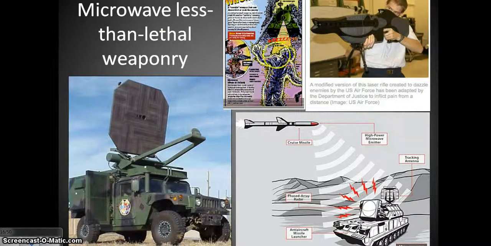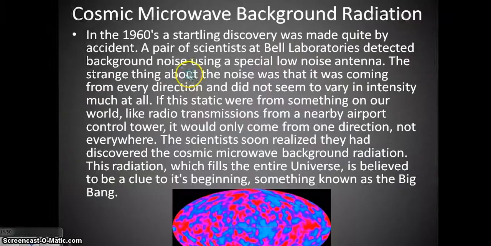If you look at the little picture of the guy right here, he's reacting, I'm not sure what he's doing. But anyway, the water in his skin is probably heating up because he's being struck with microwaves right now. Very painful, but less than lethal. It's not going to kill you, but it's just going to cause the water in your skin to heat up.